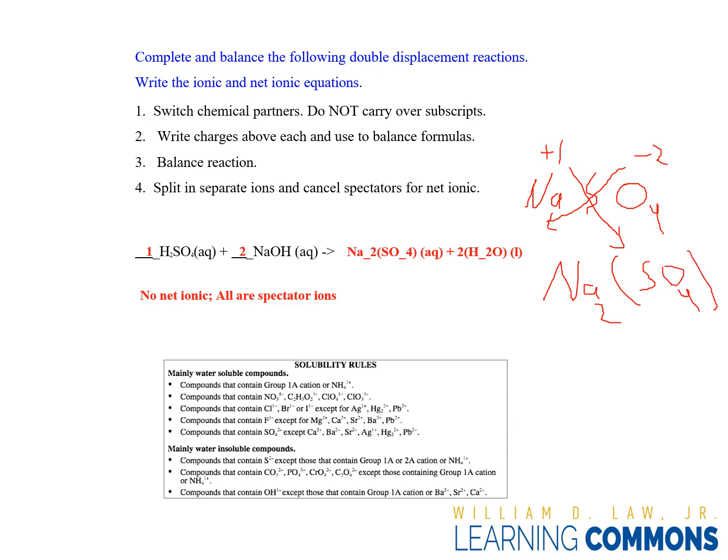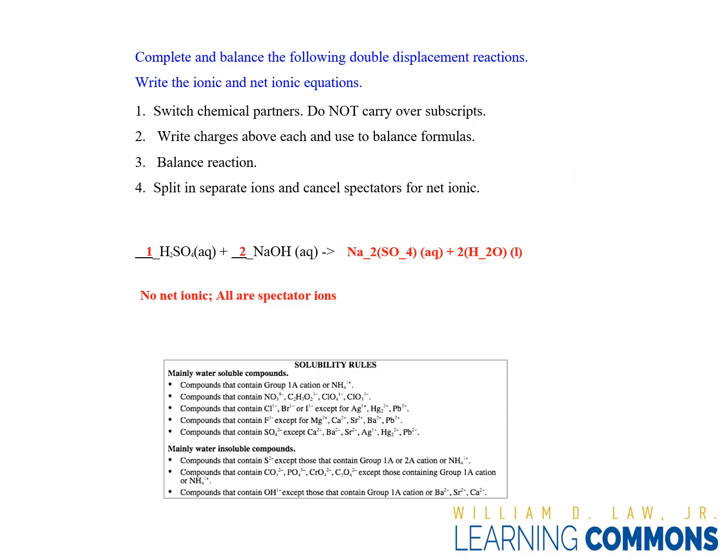This is the reason sodium is 2 here and sodium is 2 here, and we are done with the balanced reaction. After we check all the elements in the reaction, they equal all the elements in the product.